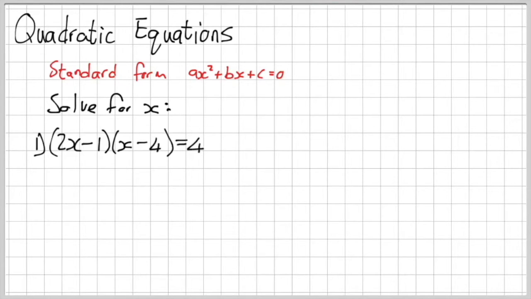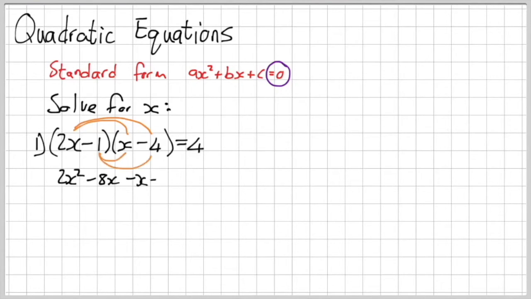A very important thing about quadratic equations is that I always want equal to 0. So I'm going to do my first step, which is always trying to get equal to 0. But for me to get that, I actually need to multiply out. So let me continue multiplying out there.